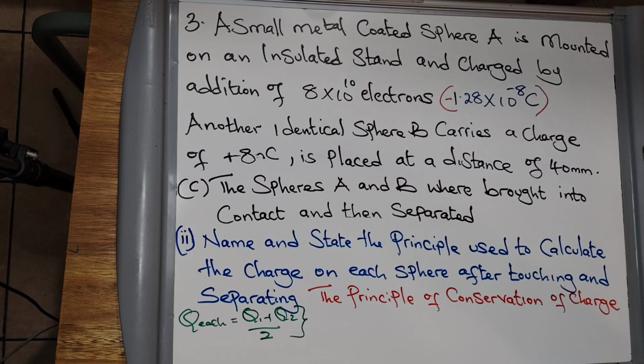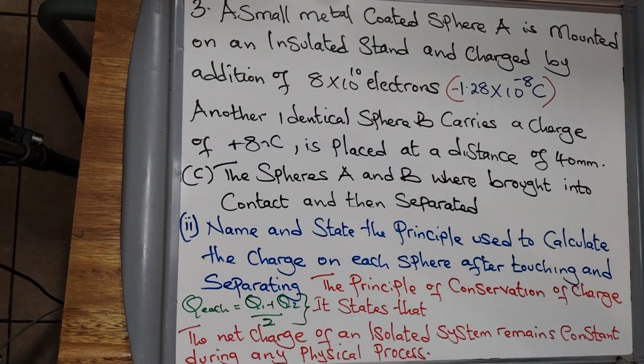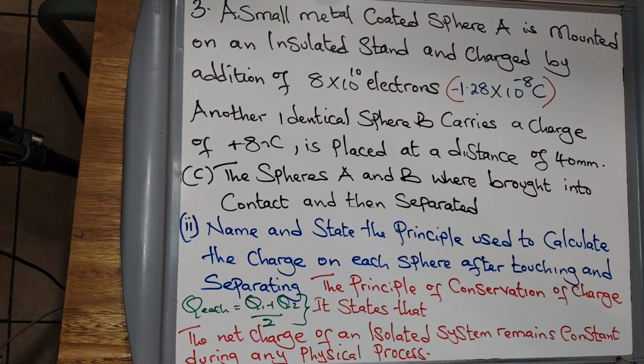Charges are just transferred from one point to another. So if you have a closed system and objects come into contact and they are charged, the total charge before coming into contact is going to be the total charge after coming into contact. So let us put it down: the net charge of any isolated system is conserved.